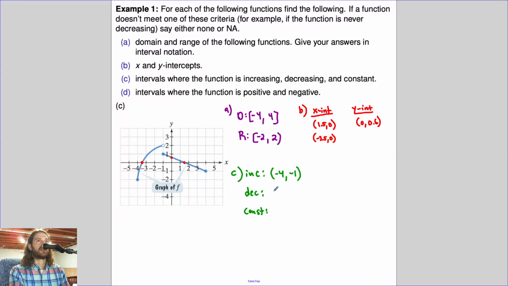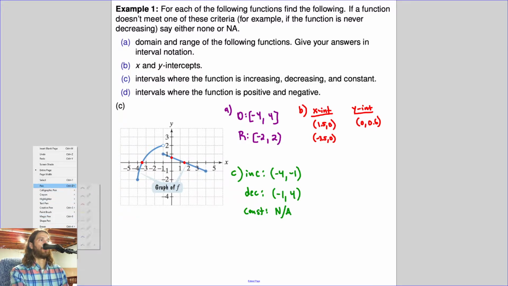We are decreasing from -1 to 4. And we are constant nowhere. There's no flat, zero slope line present.